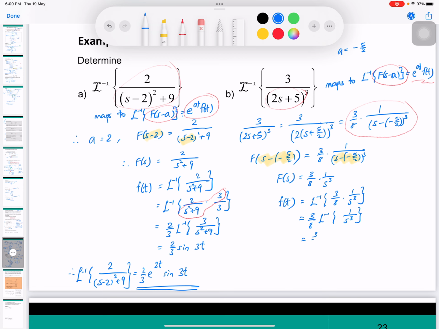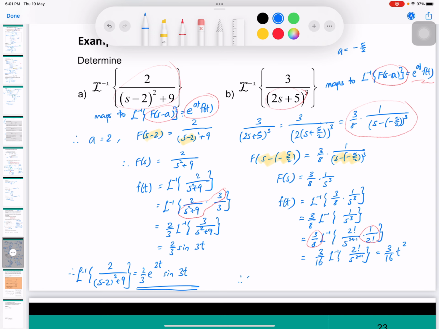So I will change this a little bit in order to be able to use the formula. 2 plus 1, I need a 2 factorial, so I divide with a 2 factorial. Okay, this one I'll bring outside together. 3/16 inverse Laplace of 2 factorial over s to the 2 plus 1. So this is 3/16 t to the 2.